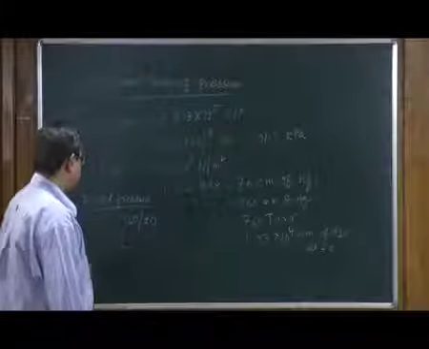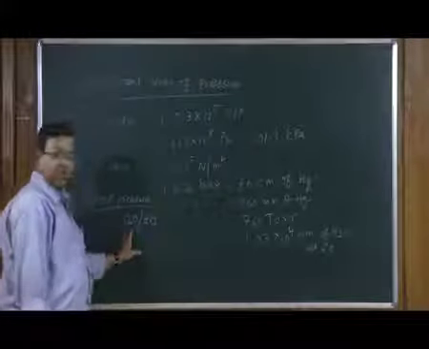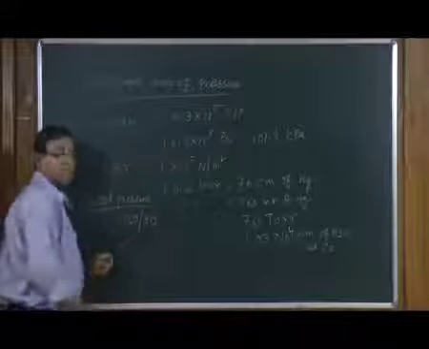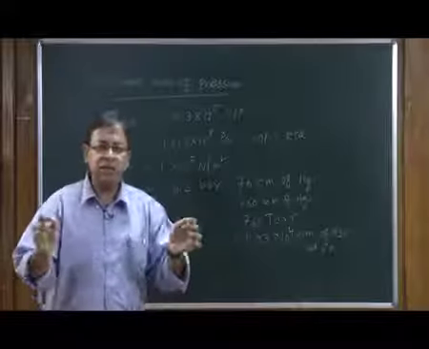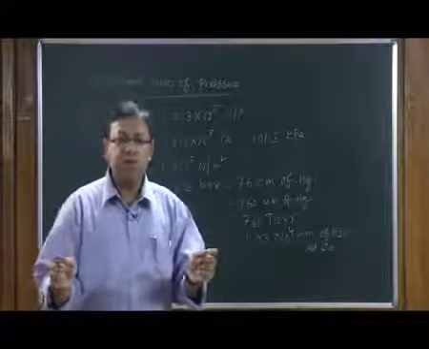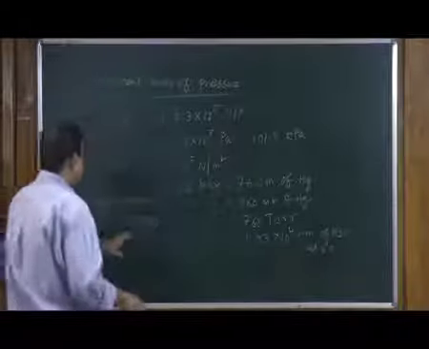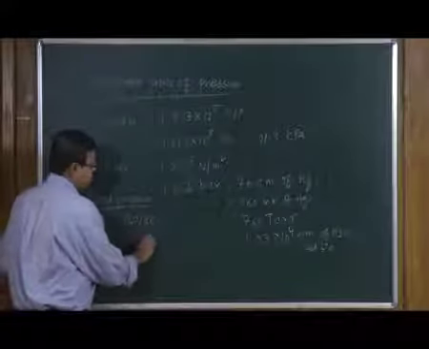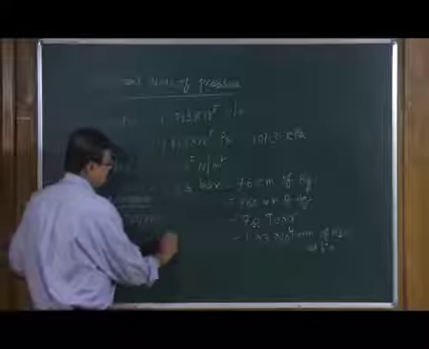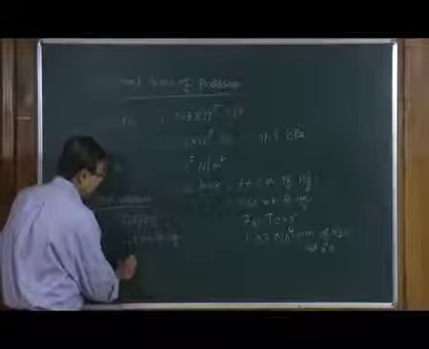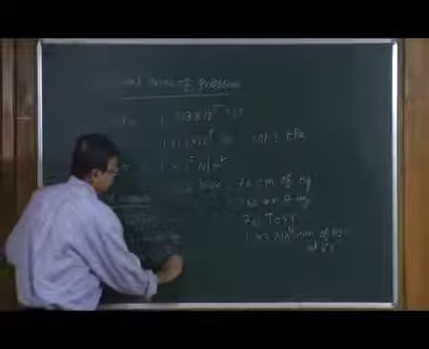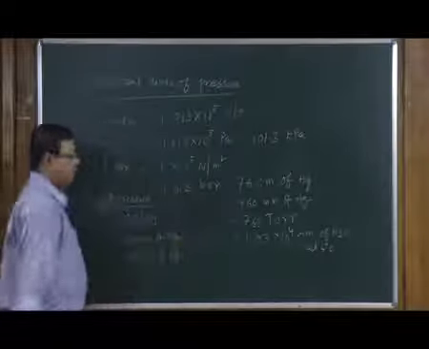Most of the time they do not mention the unit, but it is actually in millimeter of mercury. So, it is 120 millimeter of mercury for the higher one and 80 millimeter of mercury for the lower one.